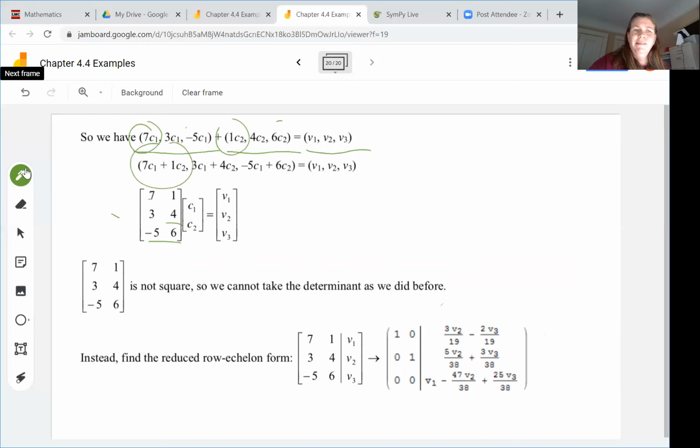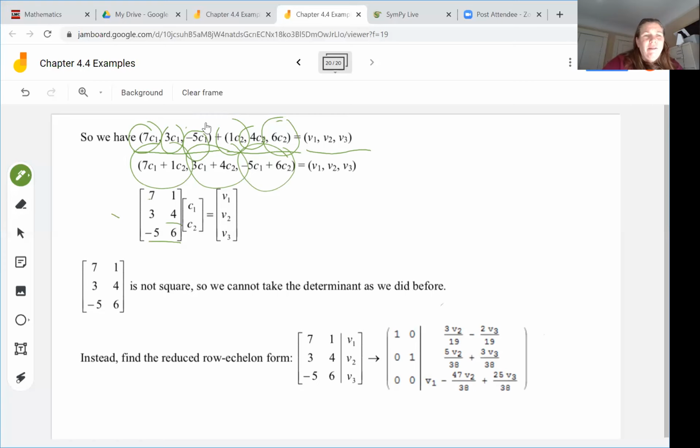I'll combine the second elements together and the third elements together here to get this equation with the vectors, where 7C1 plus 1C2 in the first element, 3C1 plus 4C2 in the second element, and negative 5C1 plus 6C2 in the third element are all equal to elements V1, V2, V3.